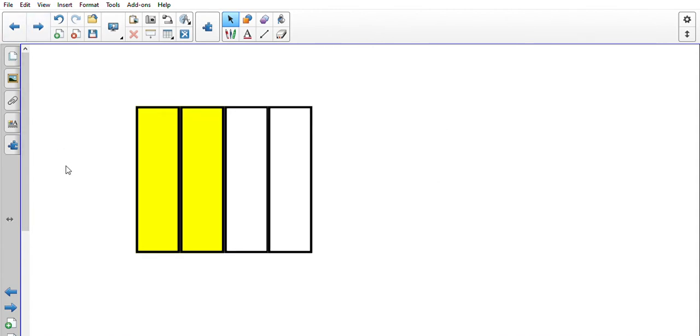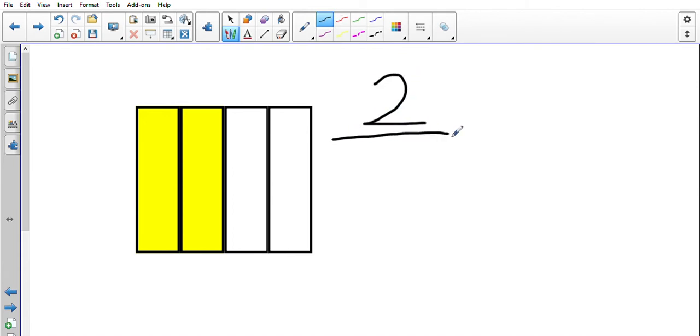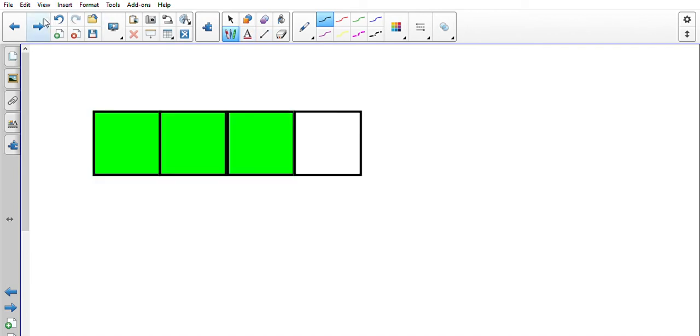How many quarters are coloured in this time? So we've got 4 parts. How many are coloured in? So we've got 2 out of 4 parts. So that reads as 2/4. What about this one? 4 parts in total. 3 of them are shaded in.